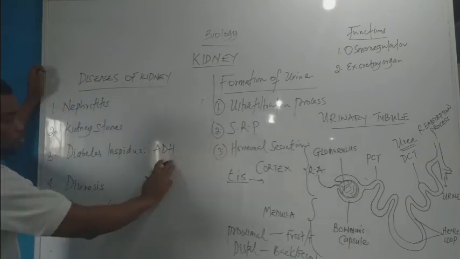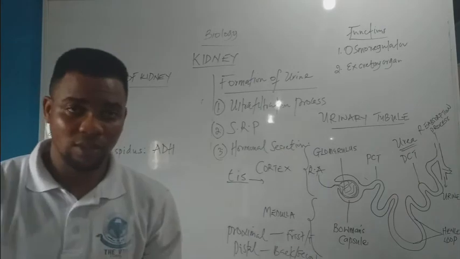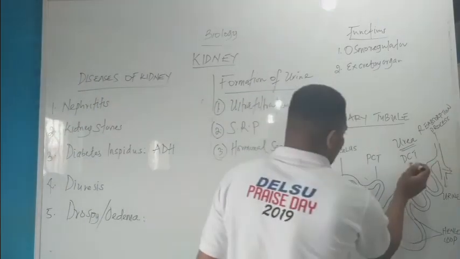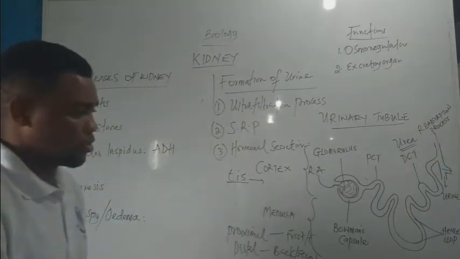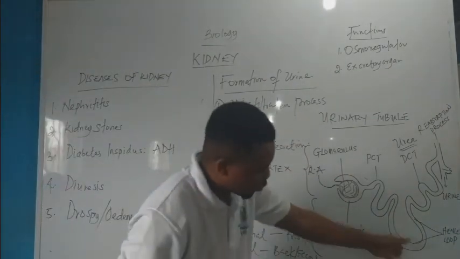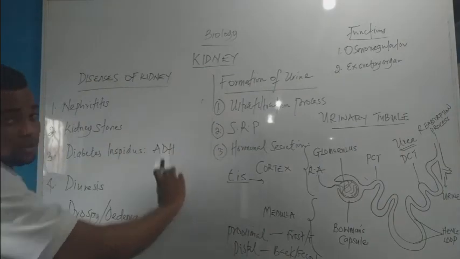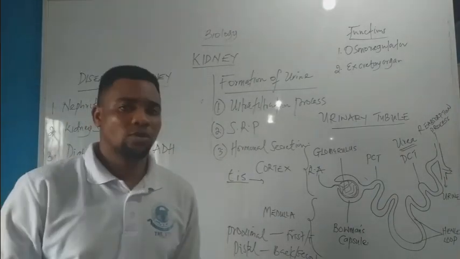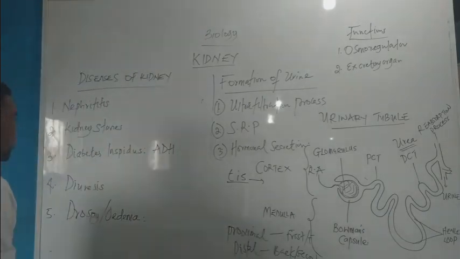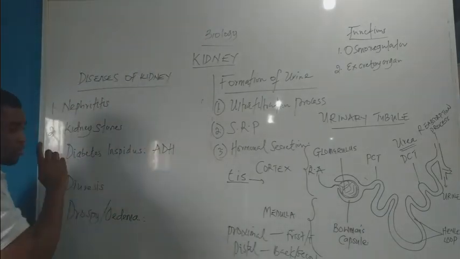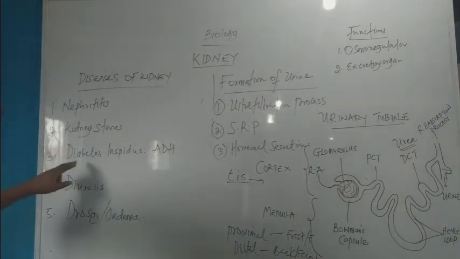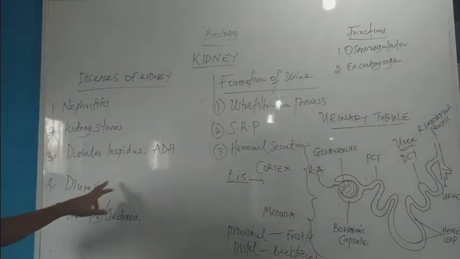This hormone is produced for reabsorption of what? The remains within the region of the distal convoluted tube and the collecting tube within this location. So this is a hormone used to reabsorb water back to the body. Now, inability of your body to produce this, the medical condition is termed as what? Diabetes insipidus.